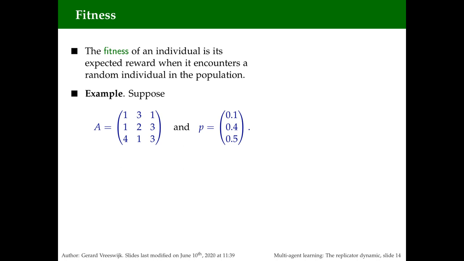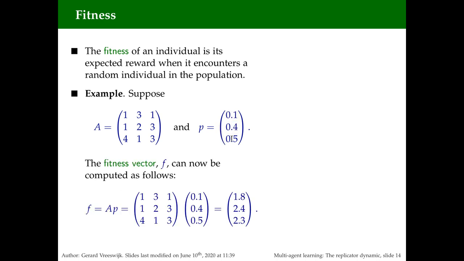Now, as an example, suppose we have here a score matrix and here a proportion vector. So the proportions, of course, must add up to 1. So species 1 takes 10% of the proportion, species 2 takes 40%, and so on. Then the fitness vector, which is A times P, can be computed just by matrix and vector multiplication.